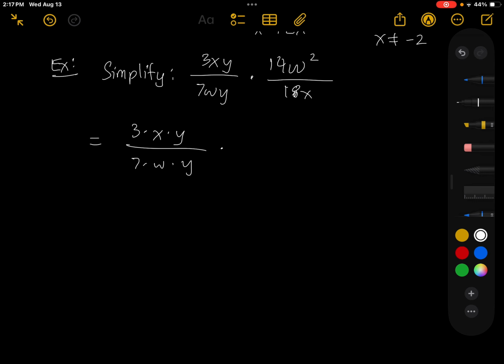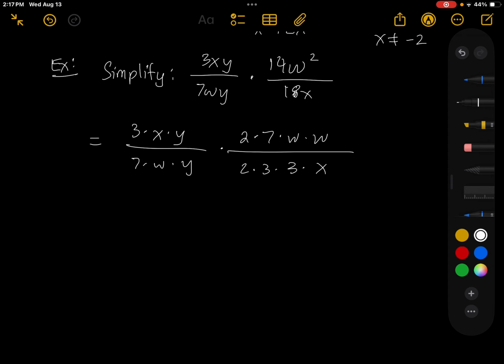Well, w squared is w times w, and how can I factor 14? 2 times 7. So 2 times 7 times w, all over 18x. 18 factors as 2 times 3 times 3. And then I have an x. So what I have is I am multiplying everything in the numerator and everything in the denominator.